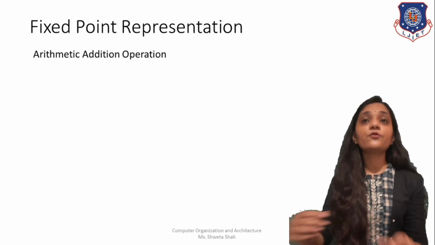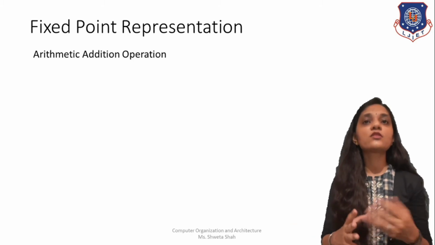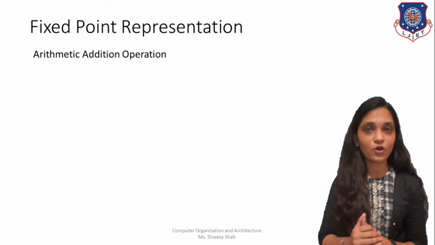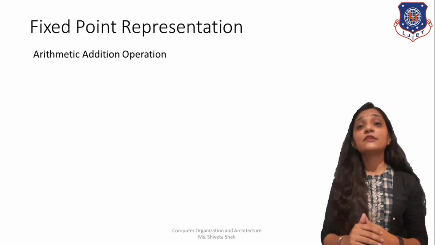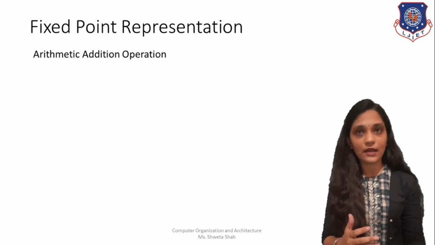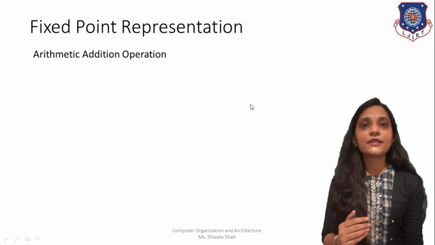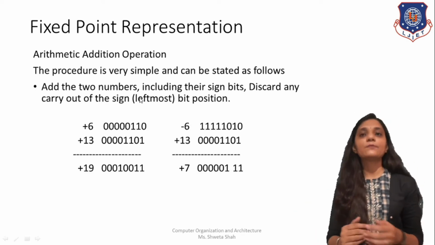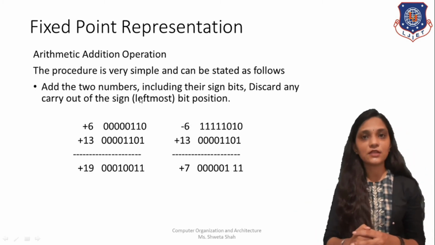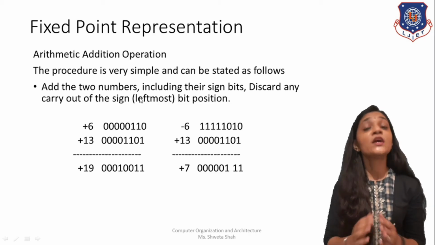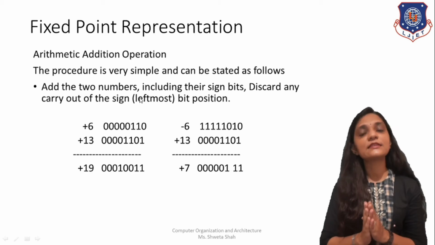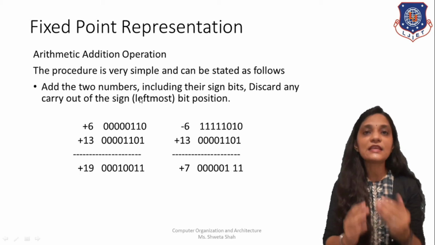But what if you want to do addition or subtraction or any kind of operation on this fixed point representation of numbers? Let me show the simple arithmetic addition operation. For example, if we have numbers like plus 16 and plus 13, or minus 6 and plus 13, you just need to represent these numbers in the same method.